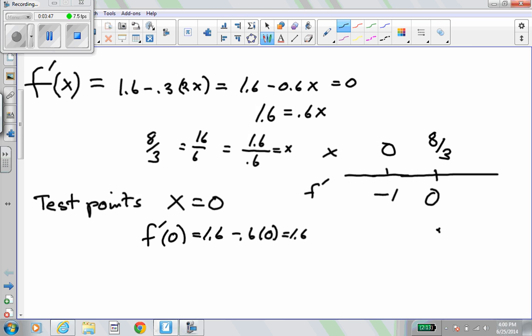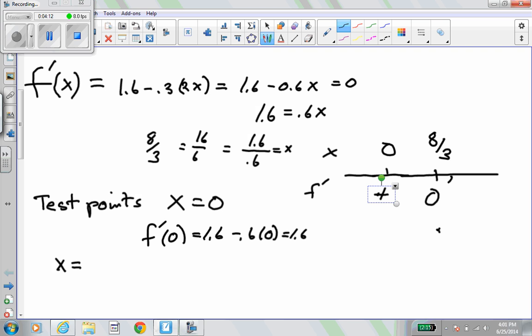So it's positive over here. I know that because it's 0 at 8/3, so that's the only place it's 0, which means if it's positive anywhere over here, it's positive all the way to 0.